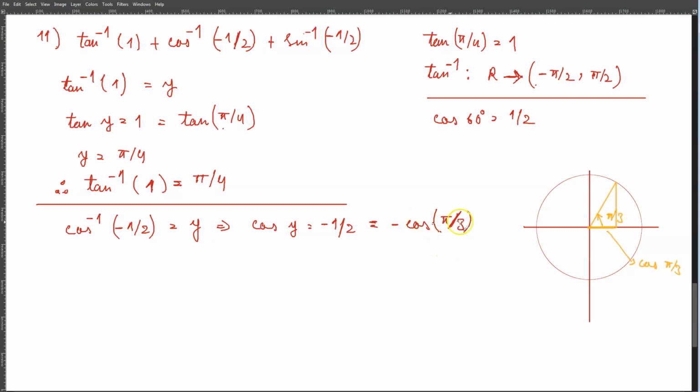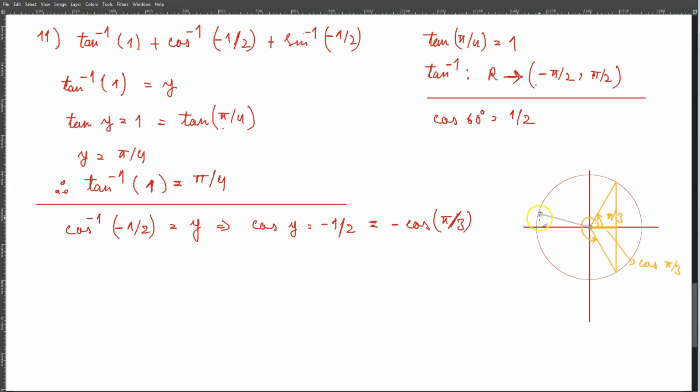Now if I draw an angle, basically 15, 30, 45 and 60, you can see that this angle over here will have the exact same cos value. But I'm looking for a cos value which is negative of this cos value. So then I'm going to try this angle here.